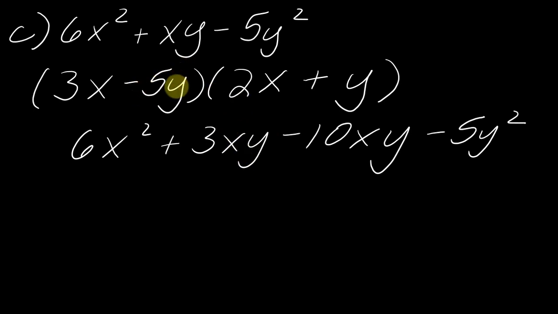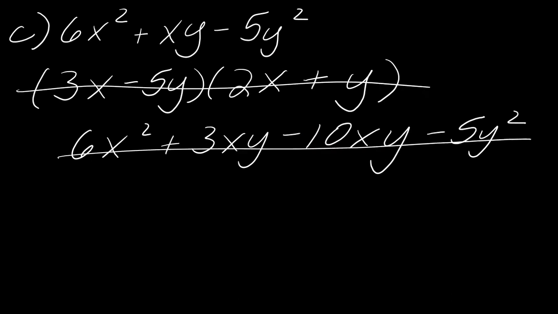So when I think of what other things I could do, it wouldn't make sense to flip-flop the 3 and the 2, because then you're going to have an even bigger number bouncing off of the 5. So when I analyze my error, I don't think 3 and 2 is a good guess. So now that tells me, we'll stick with minus 5y.